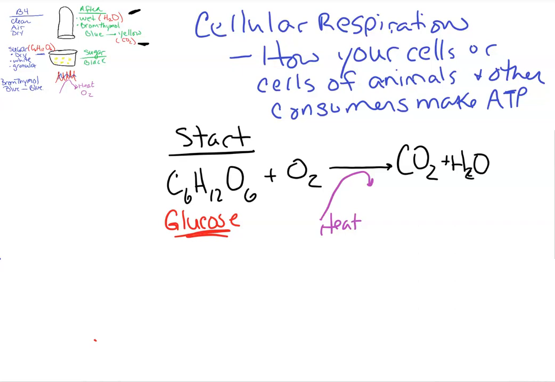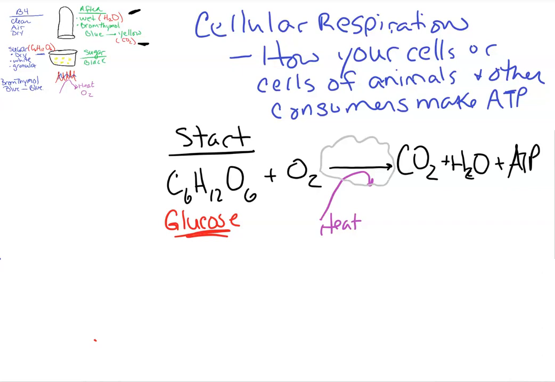In cells, we are able to take those reactions of breaking down sugar and create a special molecule called ATP, which is our energy molecule that we use to move and groove. So this is really what cellular respiration is all about. And just be thankful that the only thing that we need to know, at least for this class, is that there's an arrow here. There's a whole lot of stuff that takes place in there.